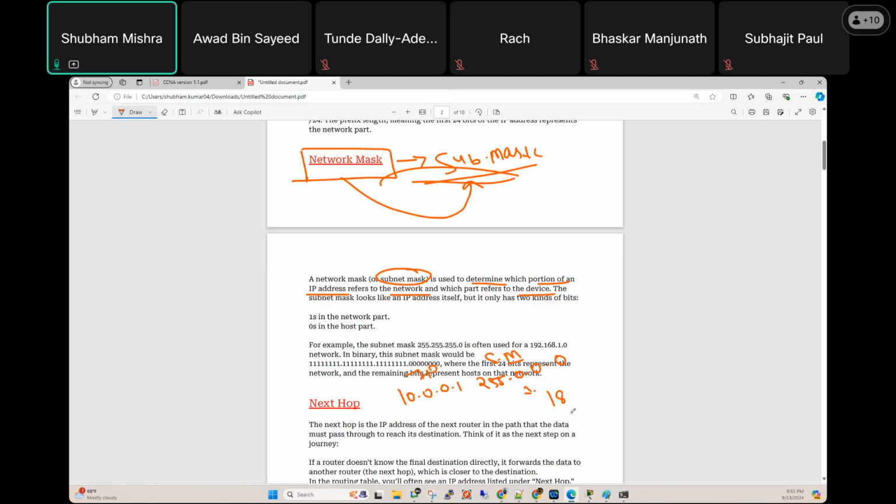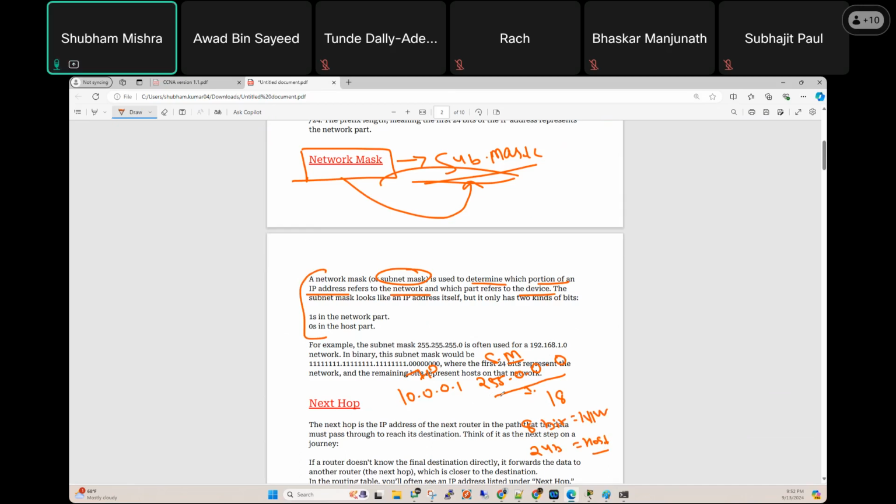The 8 means this subnet mask is telling us that 8 bits are the network part. And the rest, how many bits? 24 bits are called the host part. So that's the reason I have written it here. The subnet mask is telling you how much of your IP address is the network part.